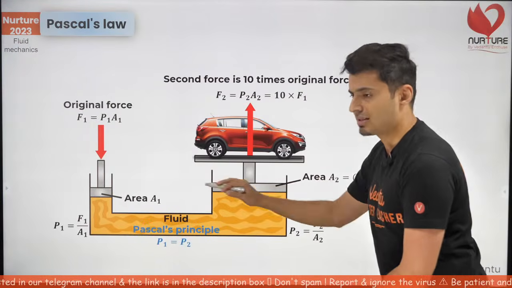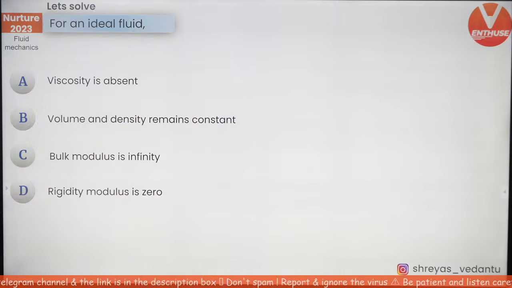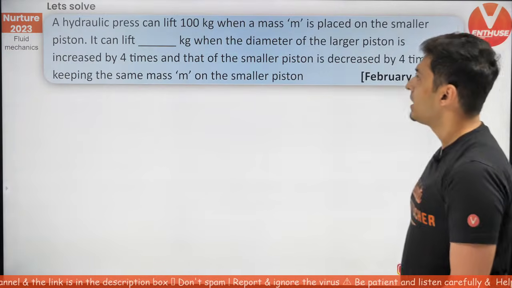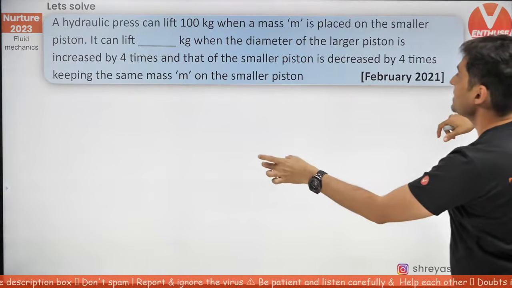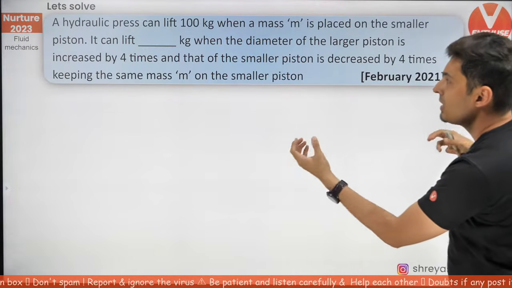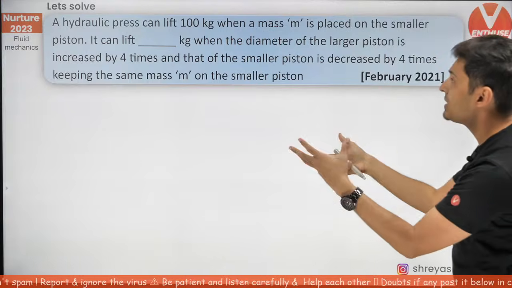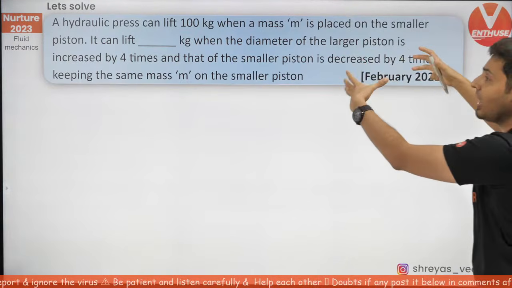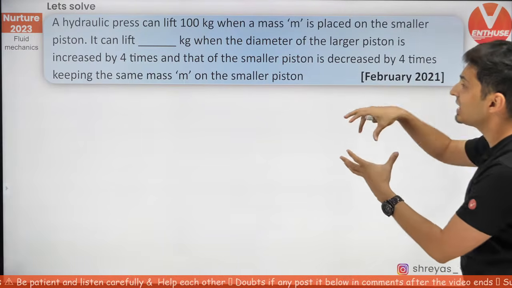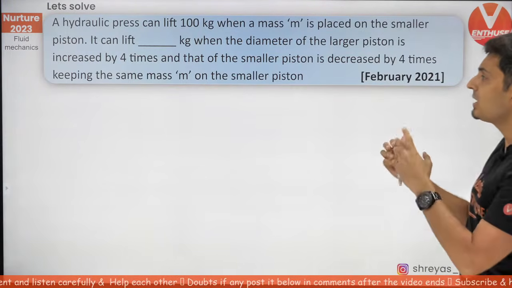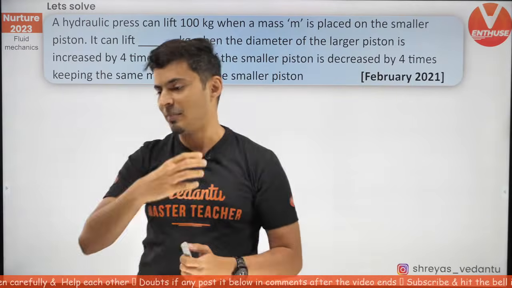That's what you should visualize. It can lift 100 kg when a mass m kg is placed on the smaller piston. It can lift how many kgs when the diameter of the larger piston is increased 4 times and that of the smaller piston is decreased by 4 times, keeping m on the smaller piston the same.